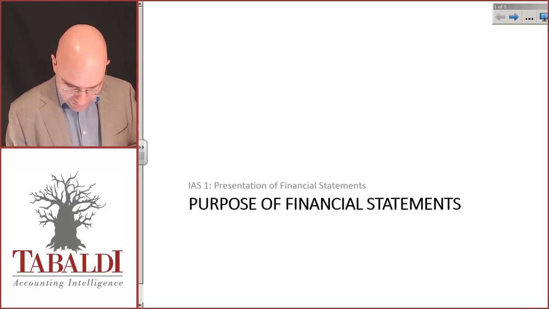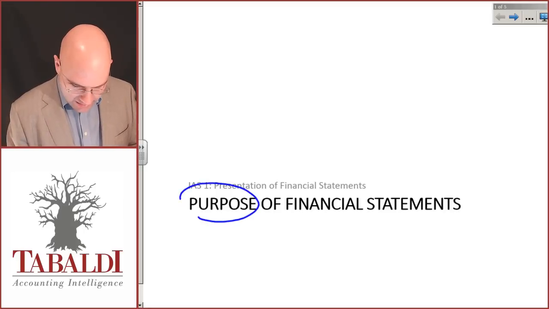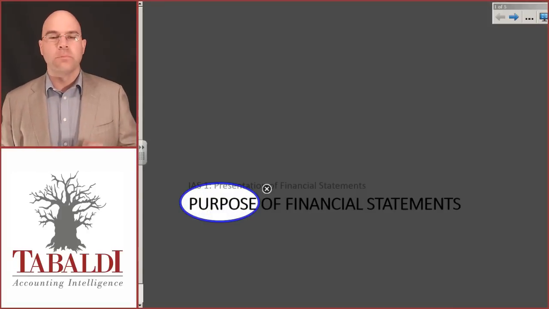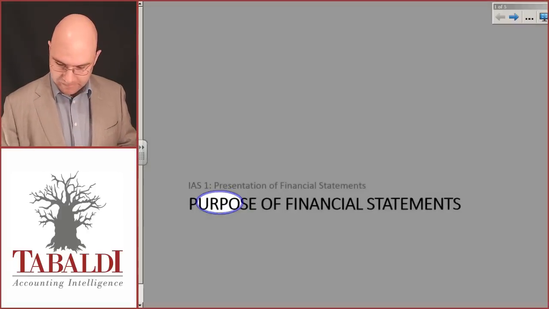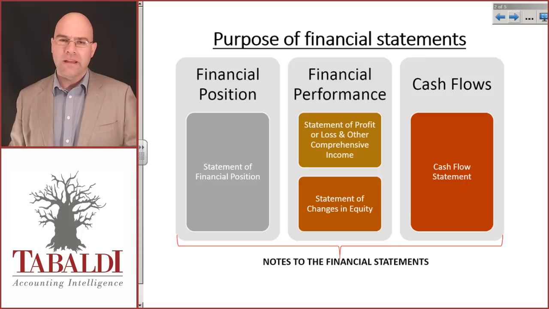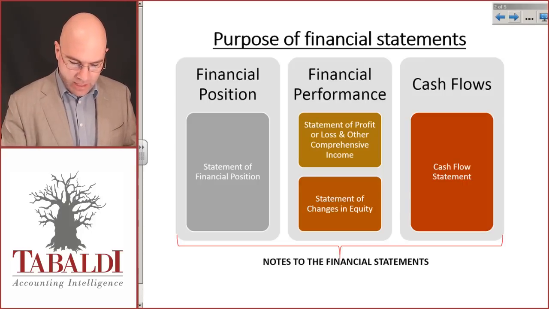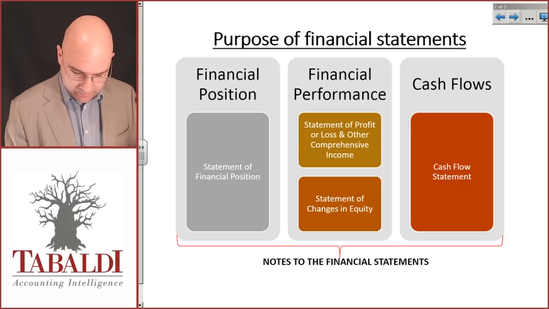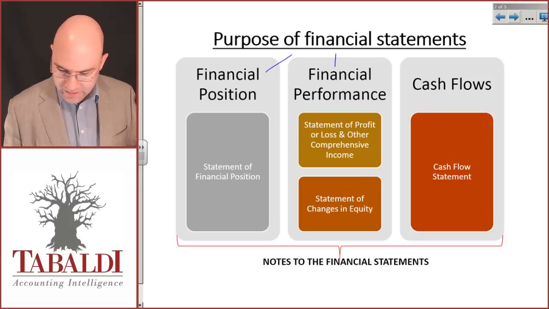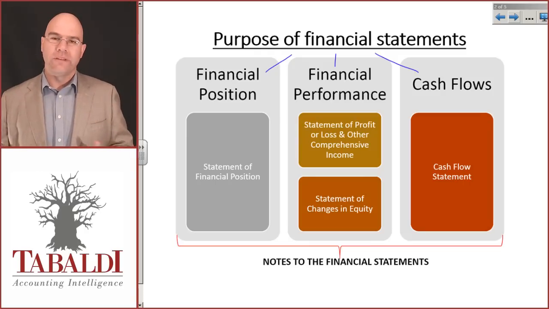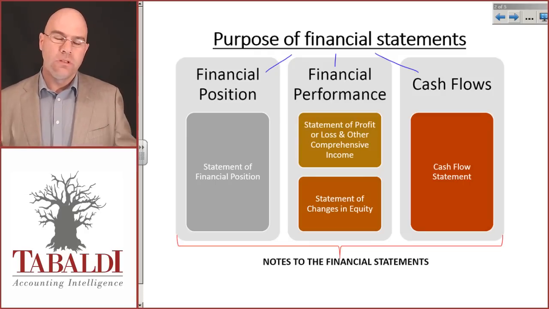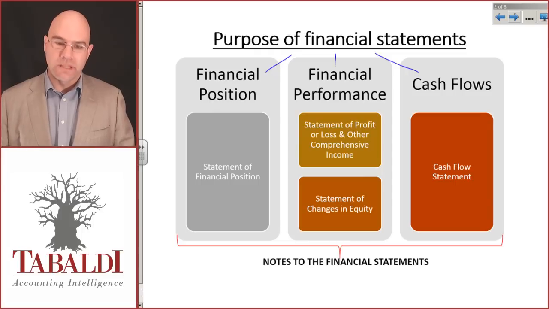I'm going to start off and just discuss what IAS 1 defines as the purpose of financial statements. Diagrammatically, the purpose of financial statements is to provide information about financial position, financial performance, and cash flows of an entity that is useful to users in their decision-making process.